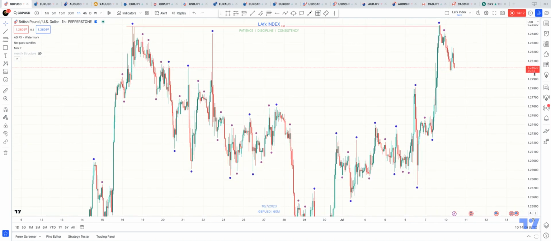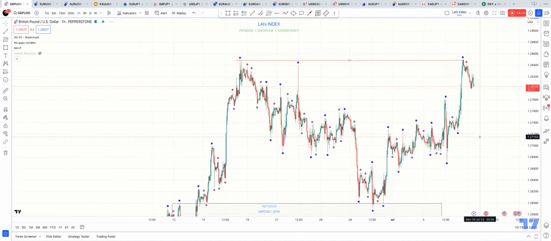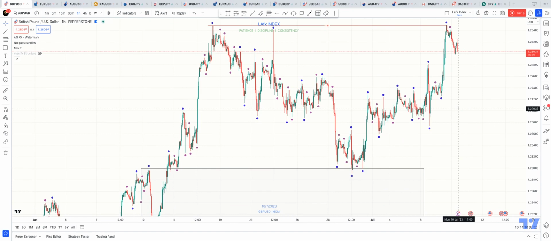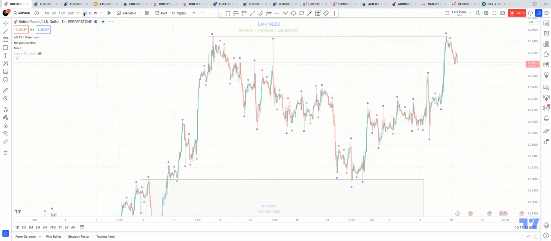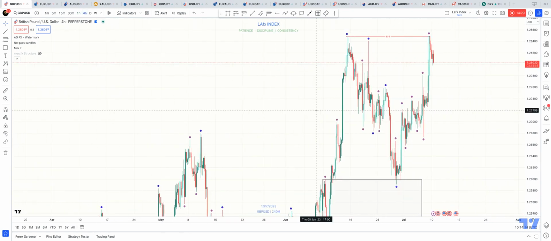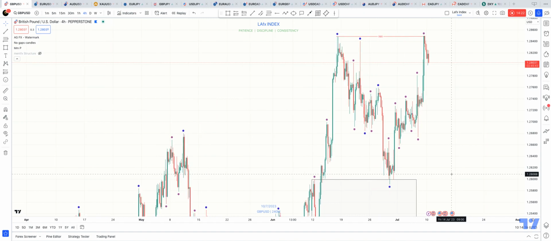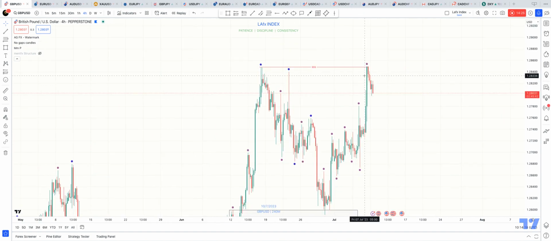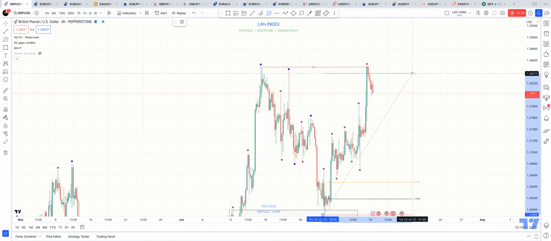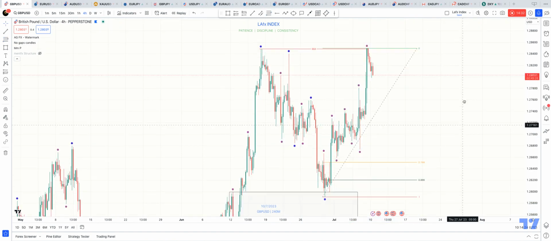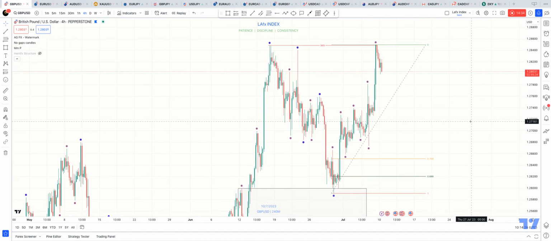So since we're considering this as a whole range or a whole swing, we're gonna draw a fib from here to there. Right? This being GU, we would expect price to come all the way in here.